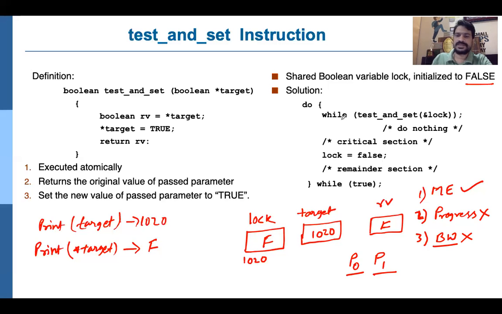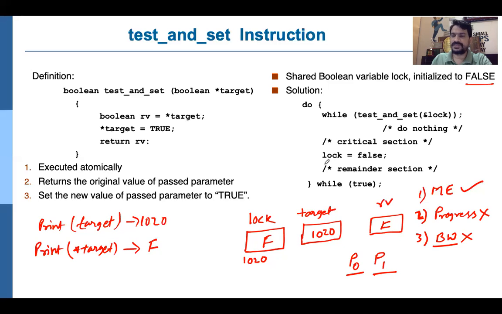So here in this particular case, the test and set instruction is a hardware solution for that. Here we are never going to get the interest of any process. If the critical section is free, any of the processes can go into the critical section. But here we don't have any bound.